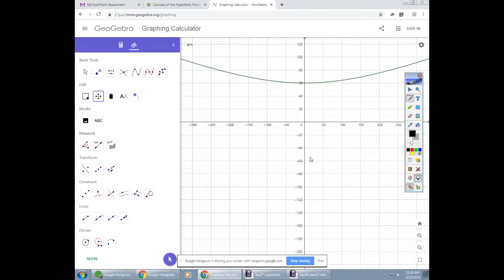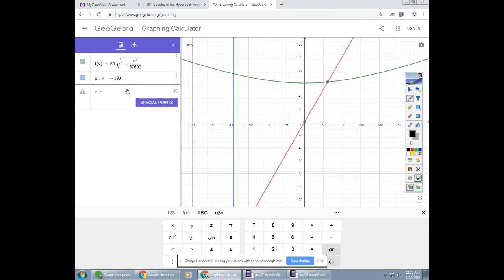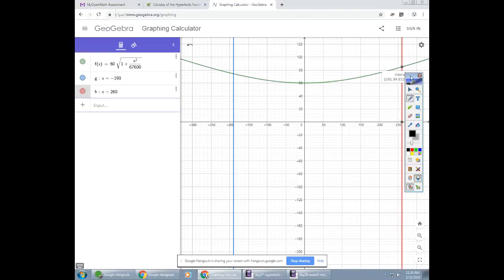Ah, there it is. Now I'm going to draw in my boundaries. x equals negative 190, x equals positive 260. Okay, so that's the edge of my cooling tower laying on its side. We're going to revolve that around the axis. The height over here is around 85-ish.